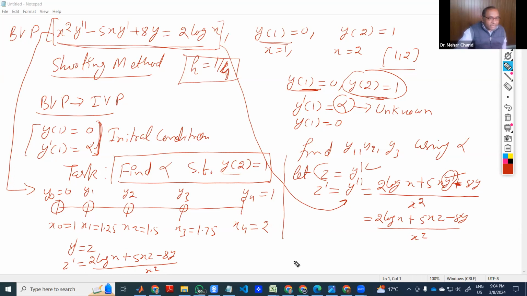Someone raised a hand. Yes, please. In the assumption part, you assumed z equal to y dash. Instead, you can assume z equal to y first, because then the entire equation changes to a single variable z only.